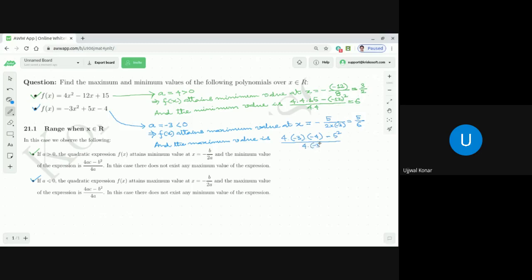I hope some plus-minus mistake must have happened. And if you find that value, it is equal to −23/12. Dear students, all of you got it, I hope.